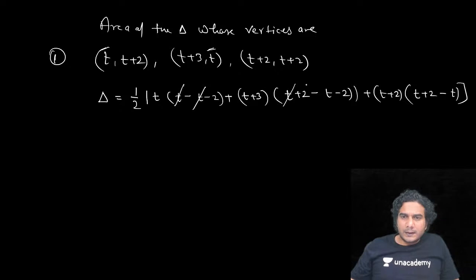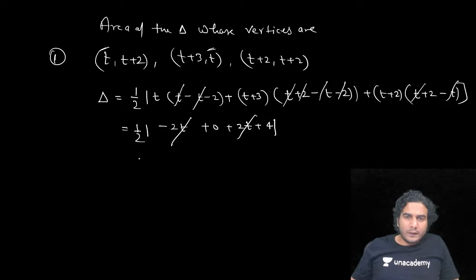This will get cancelled and this will get cancelled and we get 0 in the middle term, and here it is 2. So now see what is the answer, whether it is in terms of t or a constant. So first term is minus 2t, second term is 0, and third term is going to be plus 2t plus 4.